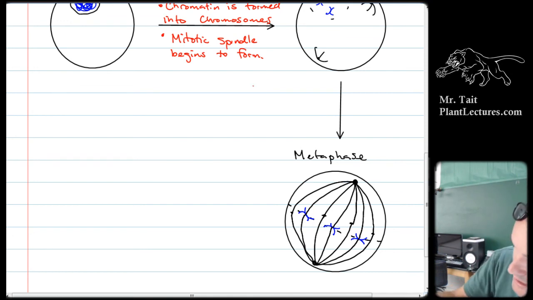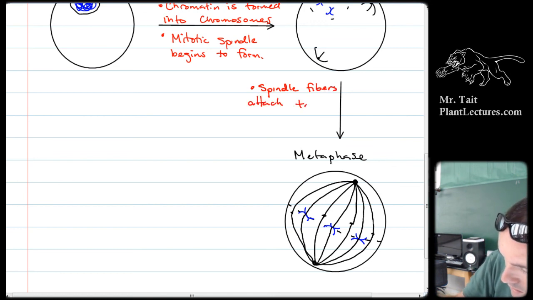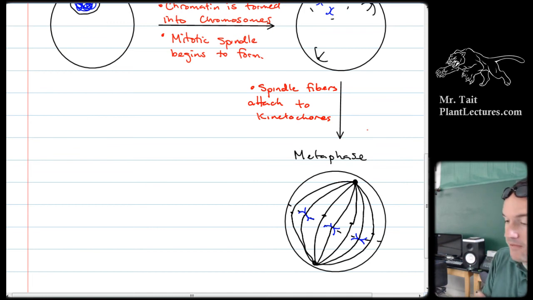Okay, so we can say that the things that happen between prophase and metaphase are the spindle fibers attached to the kinetochores. And the spindle fibers attached to themselves.